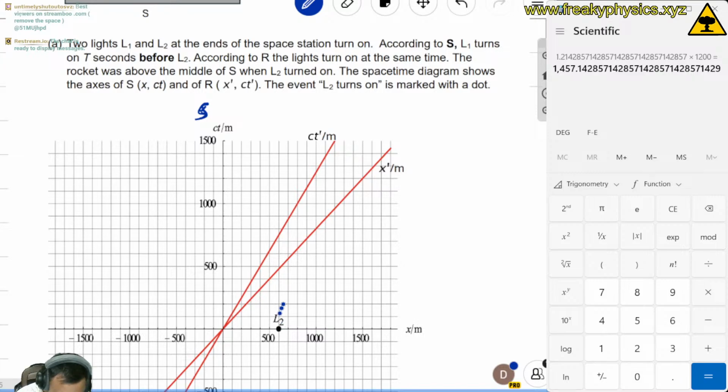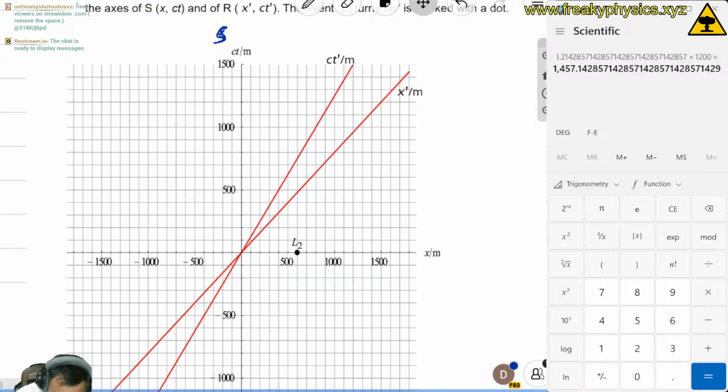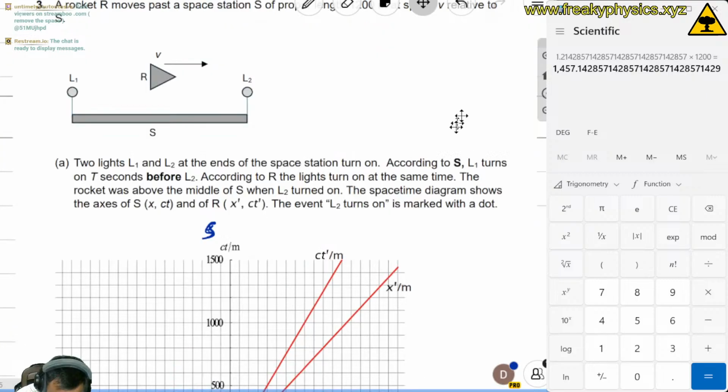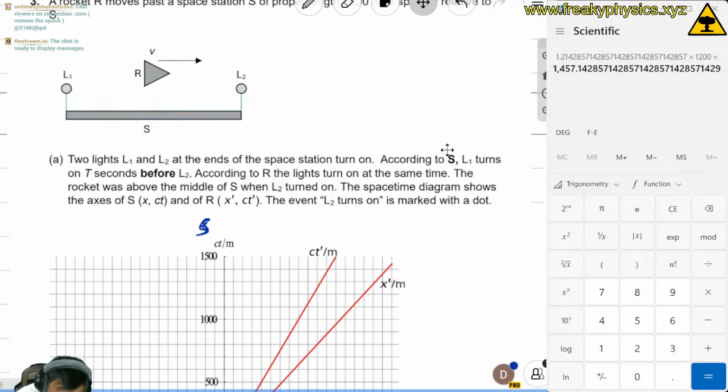How far along is L according to this? According to R, let's start with R first. According to R, the light turns on at the same time, and the rocket was above the middle of S when L2 turned on.